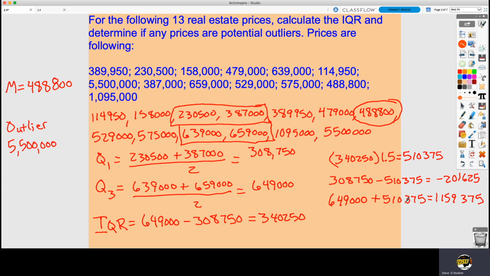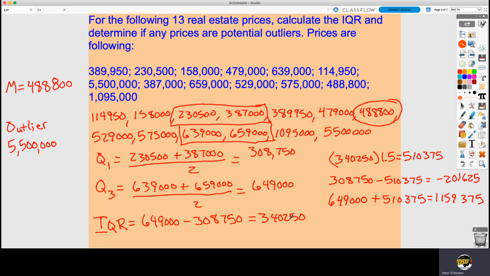So to find this, you got to find the median first. Then you got to find the first and third quartile. You're just finding the median of the stuff below and the median of the stuff above. Okay, if there's two medians, we have to take the average of those two. All right, to find the interquartile range, we just take quartile 3 minus quartile 1.